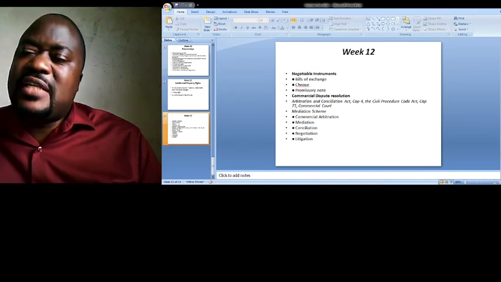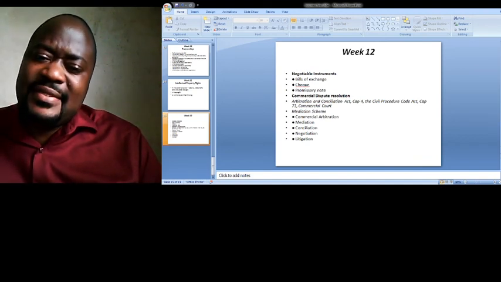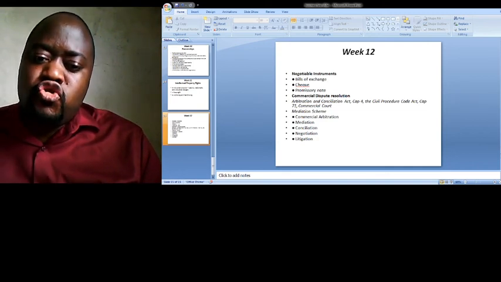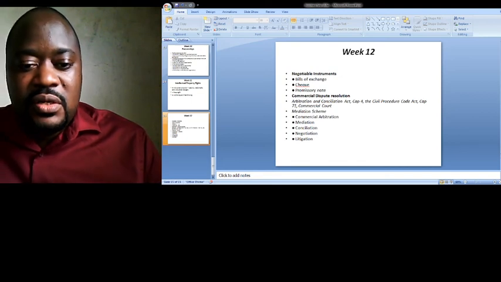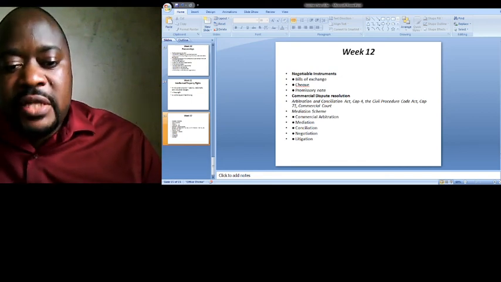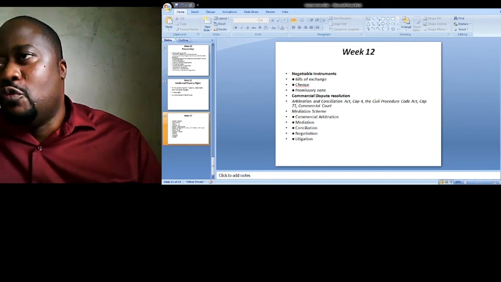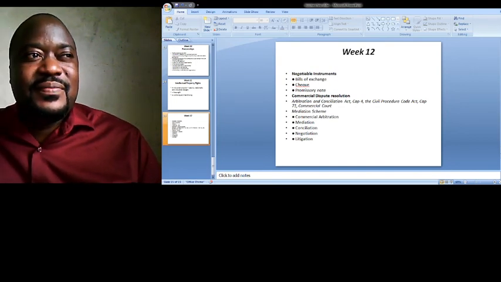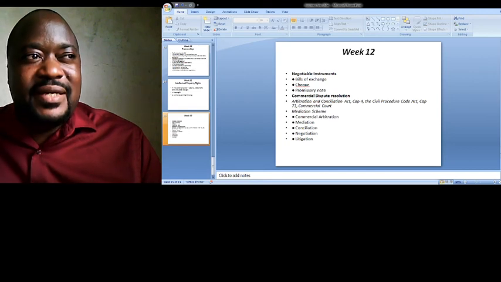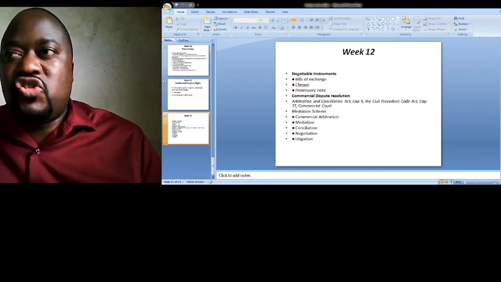We want to look at how banks execute their works. And under that, we'll look at the different instruments used in the banking world, where we have what we call bills of exchange, checks, and promissory notes. We'll also analyze the banking and customer relationship.